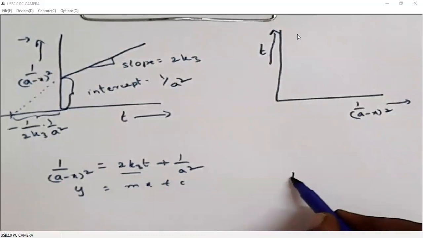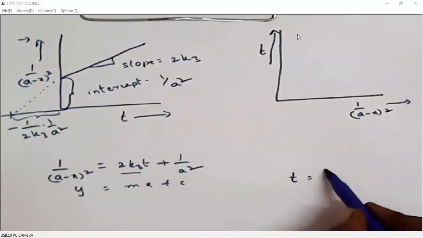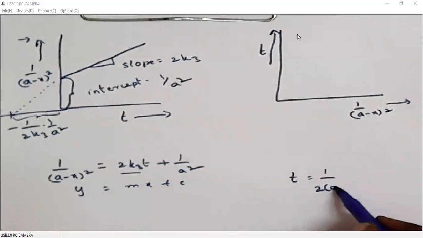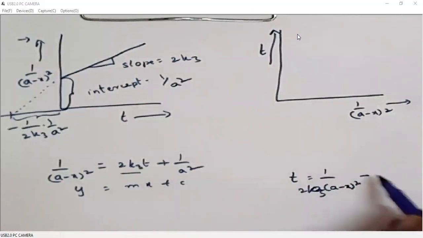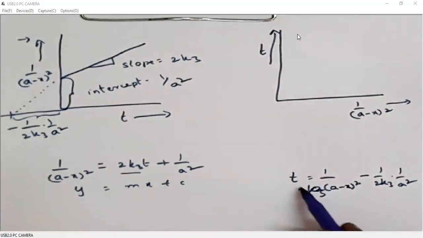So t is equal to 1 by 2k3 into 1 by (a minus x) whole square minus 1 by 2k3 into 1 by a square. What we are writing? y is equal to mx plus c.